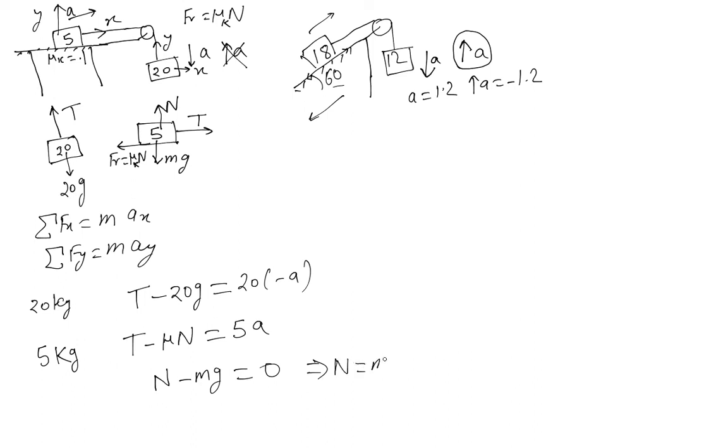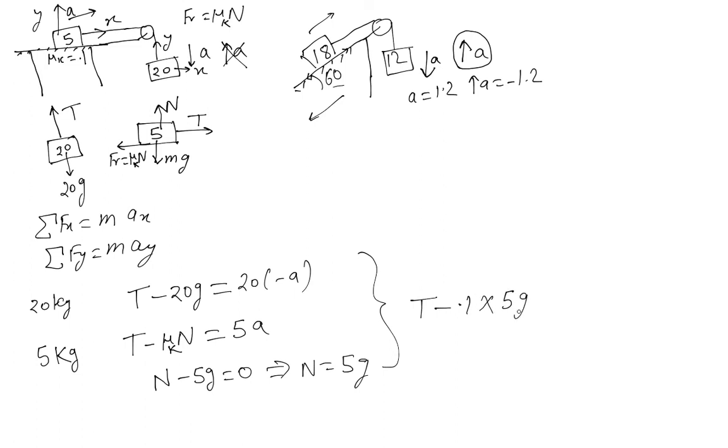We already know n is mg, which is, sorry, it should actually be 5g, because m is 5. That gives us n equals 5g. We have to solve these equations, substitute the value of 5g, so that gives you T minus mu, well, mu is actually mu k, 0.1 multiplied by 5g equals 5a. That gives us T equals 0.5g plus 5a.